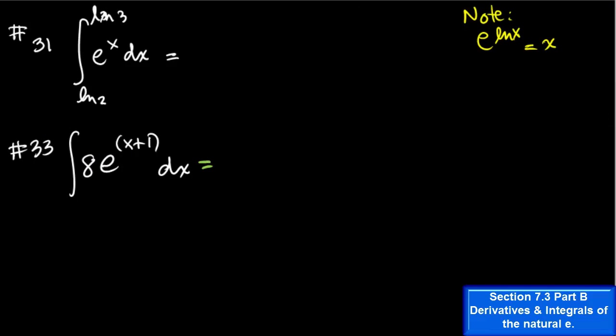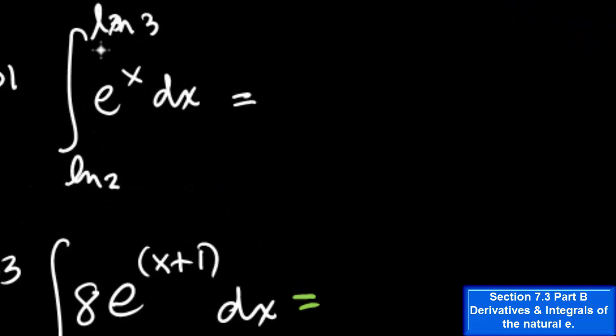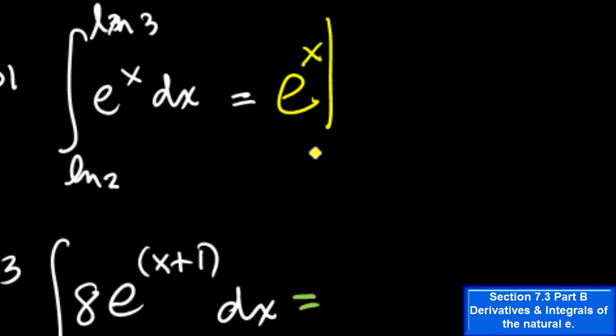This is very simple, but I just like to show you how cool it is that we have these limits of integration. So what is the integral of e to the u du, or e to the x dx? It's just e to the x. So this is now equal to e to the x. But then what are the limits of integration? It's going to be natural log of 2 and natural log of 3.